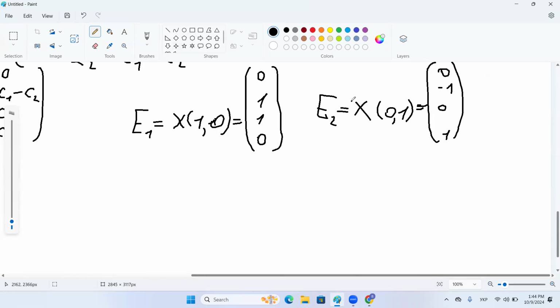And who can answer what is the dimension of this space? Can anybody answer? Any ideas? Bogdan? Maybe 2. Correct, 2, and why? Because the rank of the matrix is 2, if I'm not mistaken.